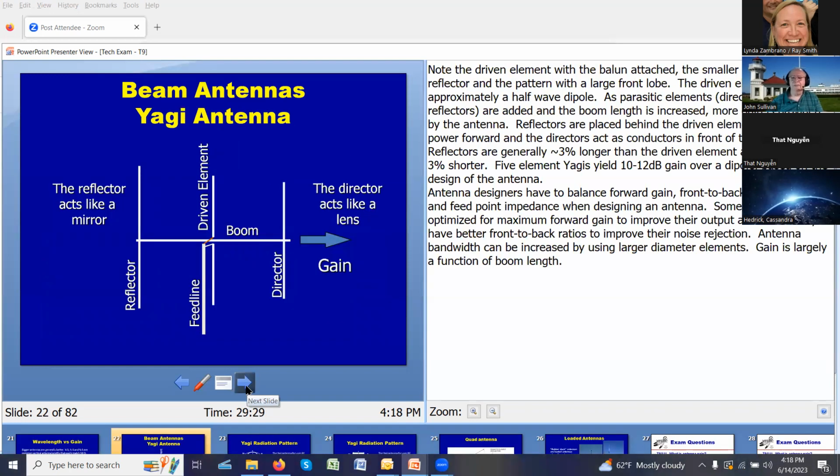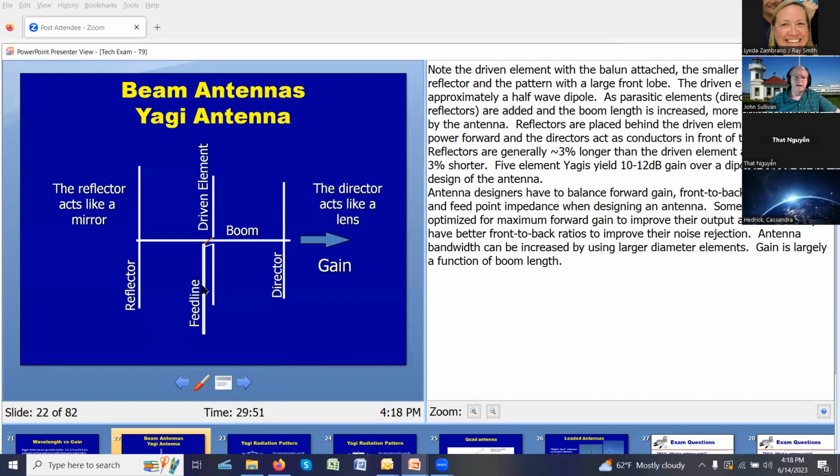Beam antennas are designed to focus the energy in a single direction as much as possible. A beam antenna is normally going to consist of at least three elements. Certainly at least two, but generally three or more.